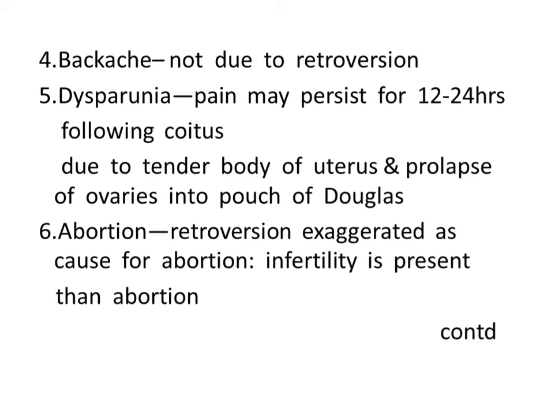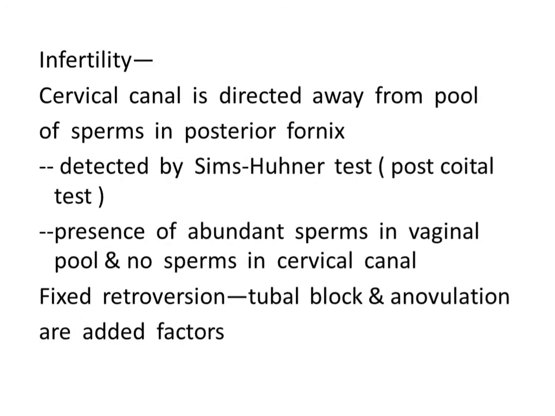So it may be more related to the associated conditions rather than the retroversion itself. But what we see is infertility, which can be explained because of retroversion. That is more present than abortion. The patient may not become pregnant rather than becoming pregnant and aborting it.